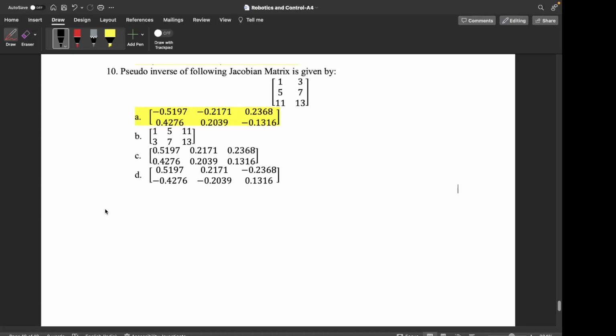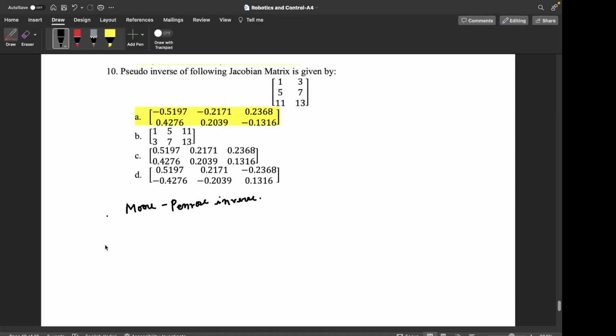So for all other cases we define the pseudo inverse. Pseudo inverses are of many kinds, but the most common one is the Moore-Penrose inverse.